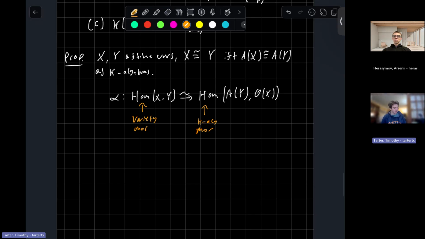Looking at the proof, it just kind of works. If you're familiar with the definitions, you can push it through.